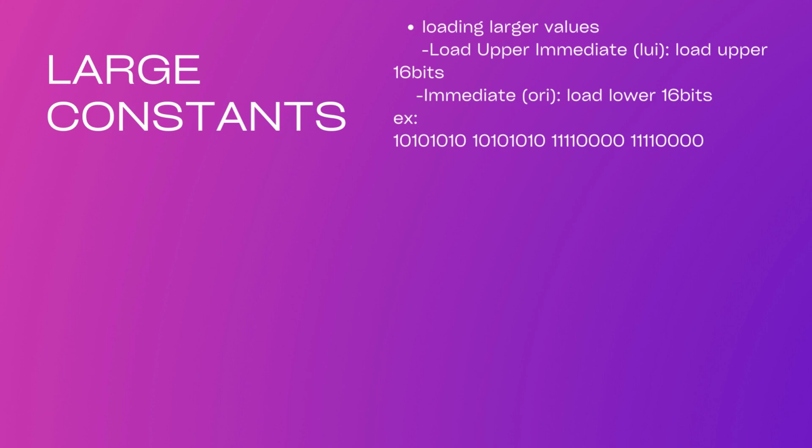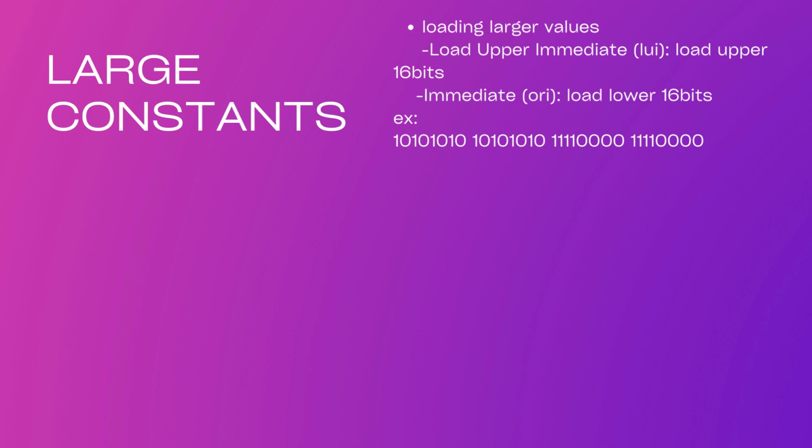Next, large constants. Loading larger values. The first example is load upper immediate, or LUI. It loads the upper 16 bits. And the second one is OR immediate, or ORI. It loads the lower 16 bits.